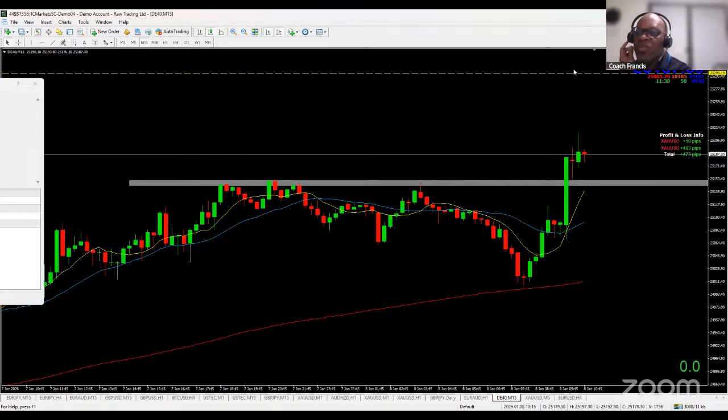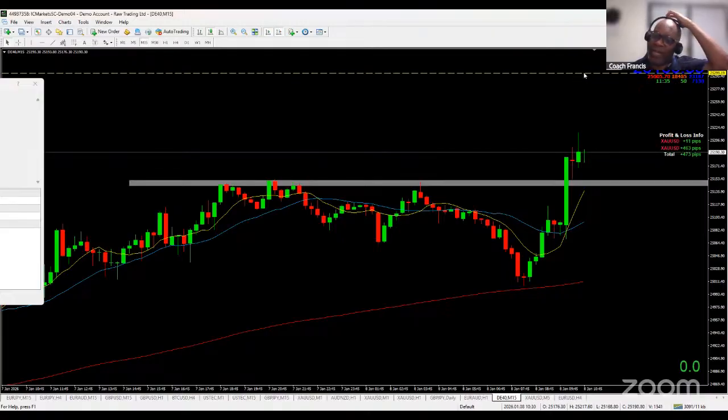It's going to be pushing to 25,299 at least. The only time I would jump in this trade is when the price pulls back a bit to support. I mean, on this time frame, it did pull back here.